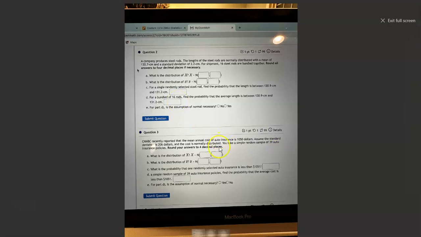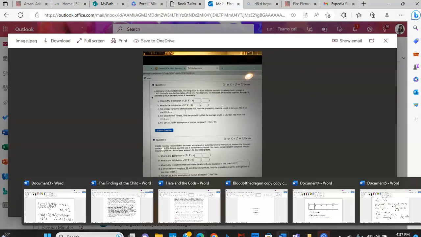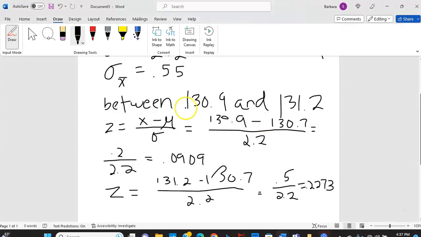But what is different, let me go back to our sheet for a second, is that instead of having in the bottom here this 2.2, my standard deviation for the sampling distribution of the mean was 0.55.